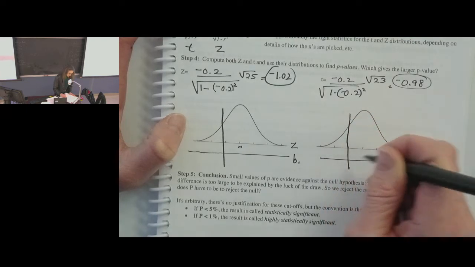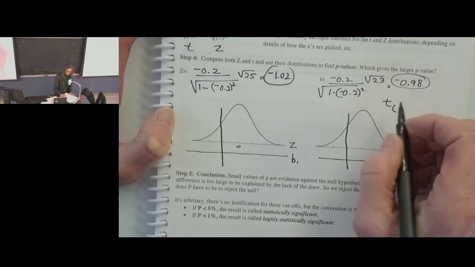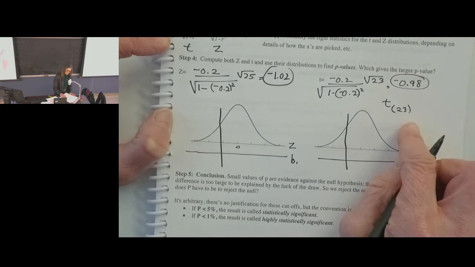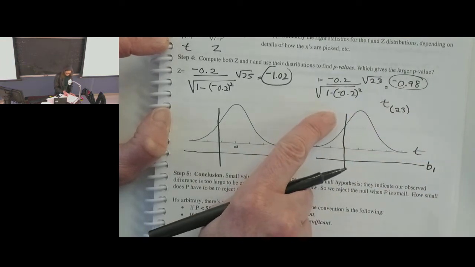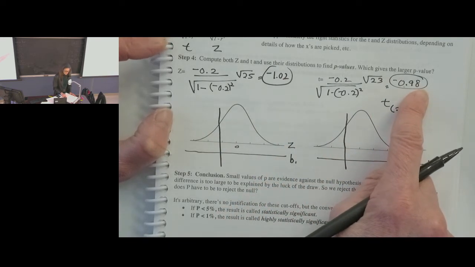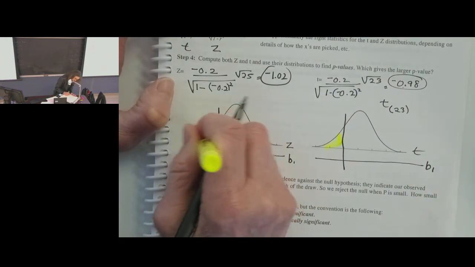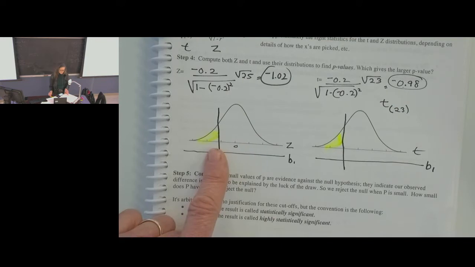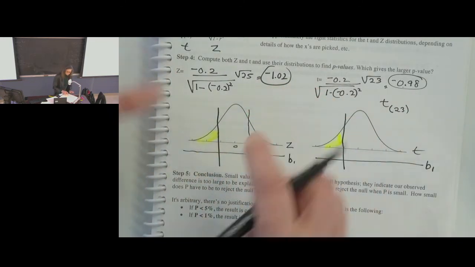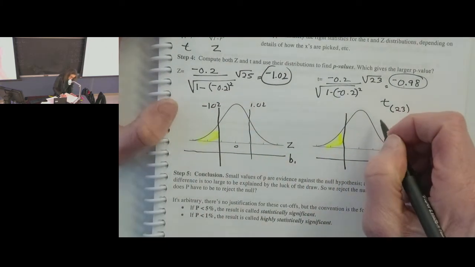But remember, this is the normal curve, and this is the t-curve with how many degrees of freedom? 23. We need to find this area. Why this area? Why not both sides? We could if we were doing a two-sided test; we'd have to do both tails.